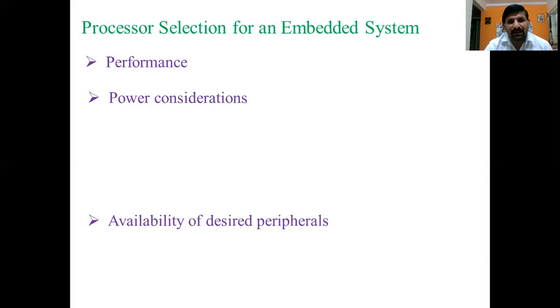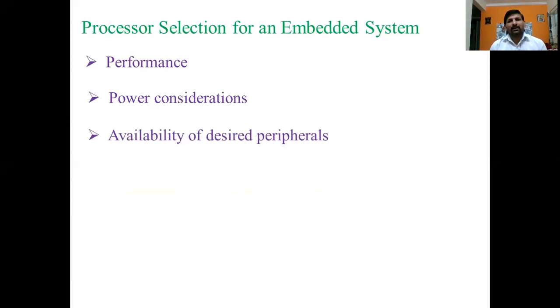Next, desired peripherals are available in the processor, on-chip peripherals. On-chip memory range, 1 MB is sufficient for our application. If it is available, no problem. So like that, we can check the desired memory, desired peripherals, DMA.